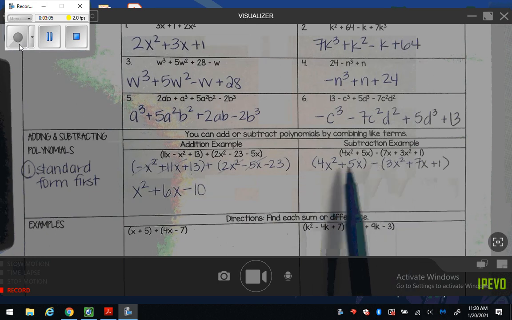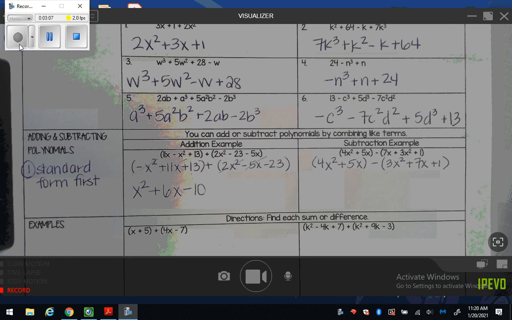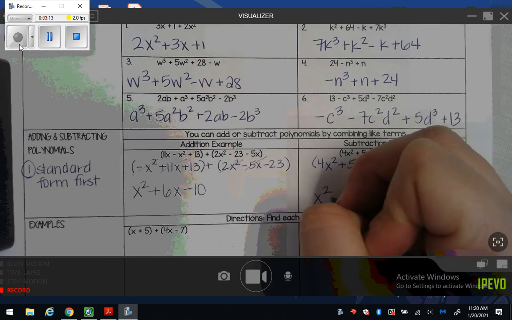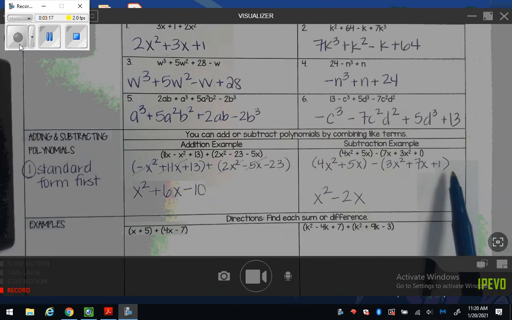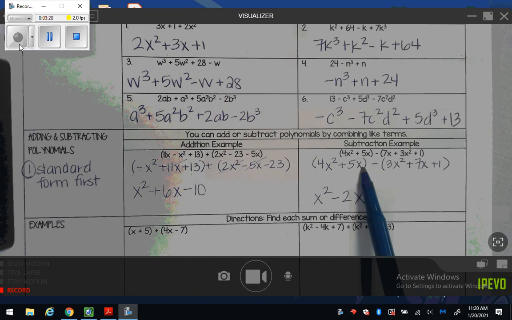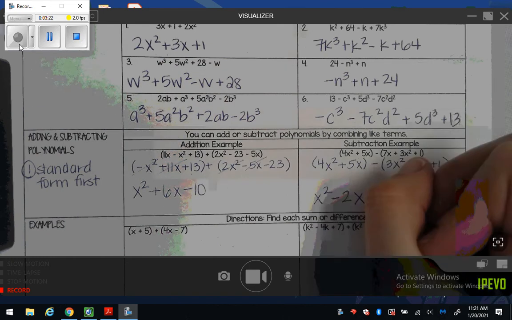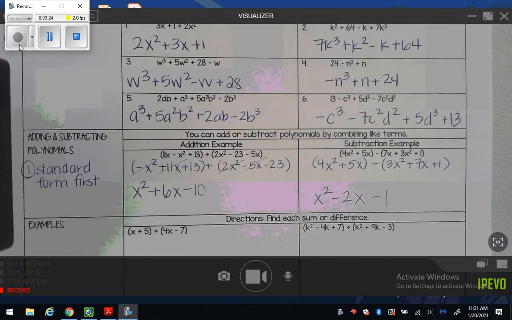Just subtract those coefficients. So 4 minus 3 is 1, so that becomes x squared. 5x minus 7x. 5 minus 7 is negative 2x. Now, you have a 0 here. You have a constant here, but you don't have one here. So it's like 0 minus 1, which is negative 1.